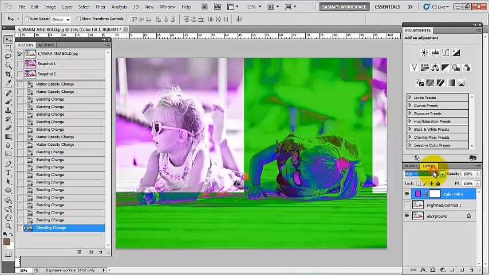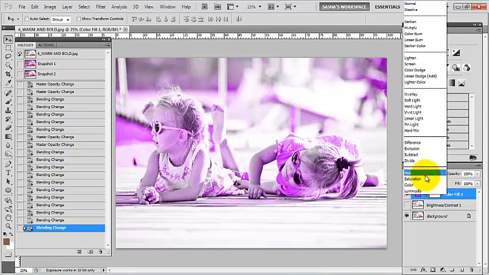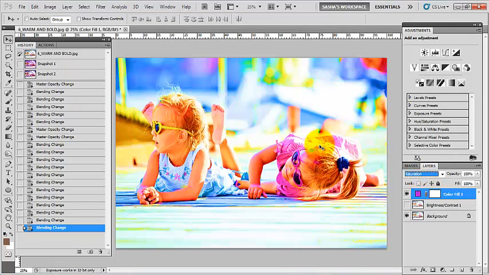Now we have Hue, and everything is going to be a hue of this purple color here. And so you can again get a really interesting look from your photo by playing with this blend mode. Saturation makes everything look very saturated and kind of a play on this color as well.